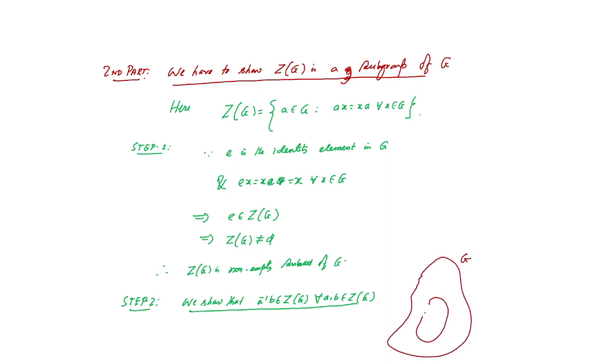This is our G, this is just Z(G). We take any two elements a and b belongs to Z(G). So let a, b belong to Z(G). Since a, b belong to the center of the group, that means a commutes with every element of G and b also commutes with every element of G. So then what we can write, a x equals x a for all x belongs to G, and b x equals x b for all x belongs to G.